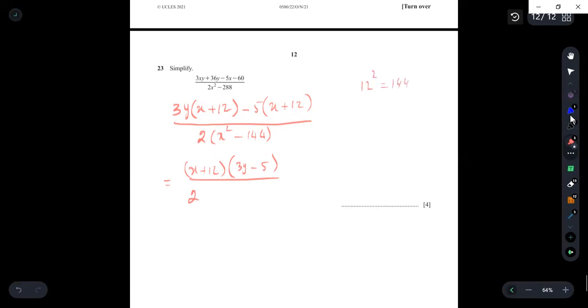And when we can write two numbers as squares like a squared minus b squared, we know that it can be factorized. It will be a minus b, a plus b. So this is x squared minus 12 squared. So we can write this as x minus 12, x plus 12. And now we see that x plus 12 is common. So our final answer will be 3y minus 5 over 2 times x minus 12.